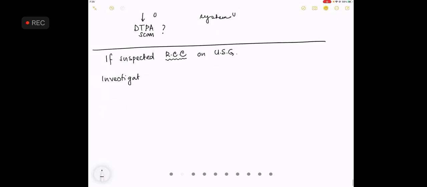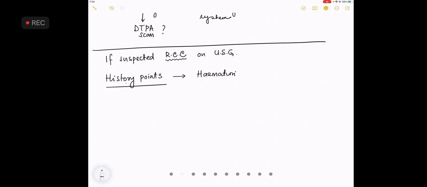or your questions will then be in history part, what are the additional history points that you should have asked or you will think about asking retrospectively apart from hematuria, apart from loin pain.